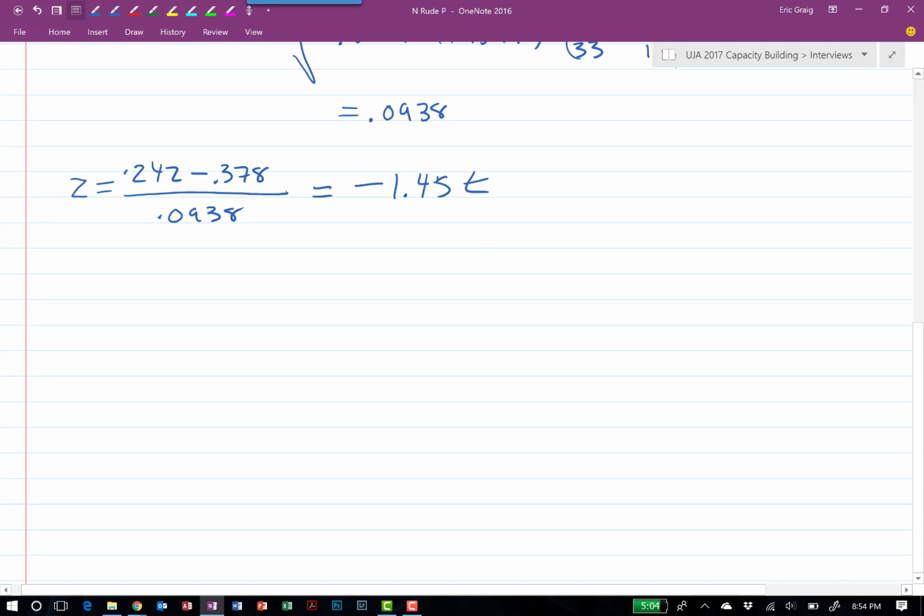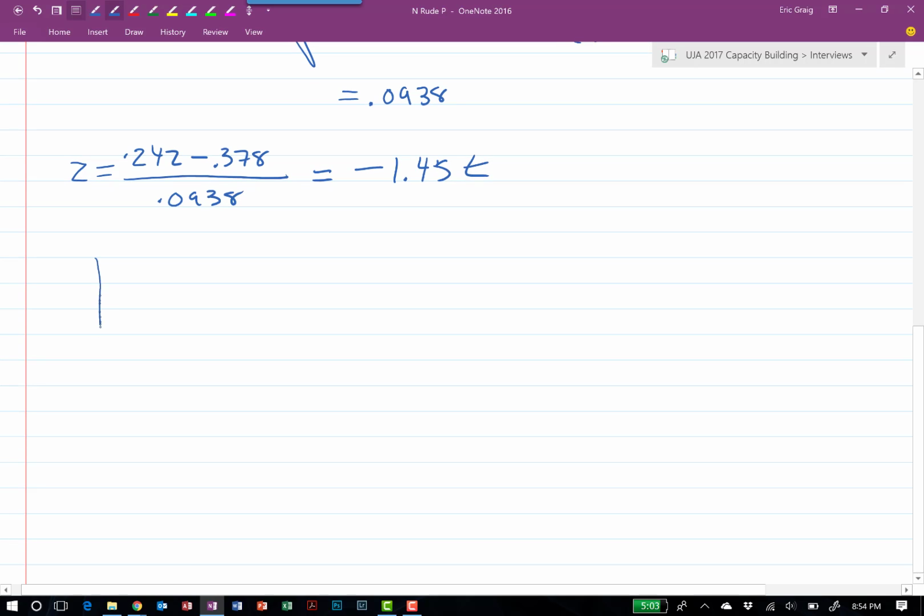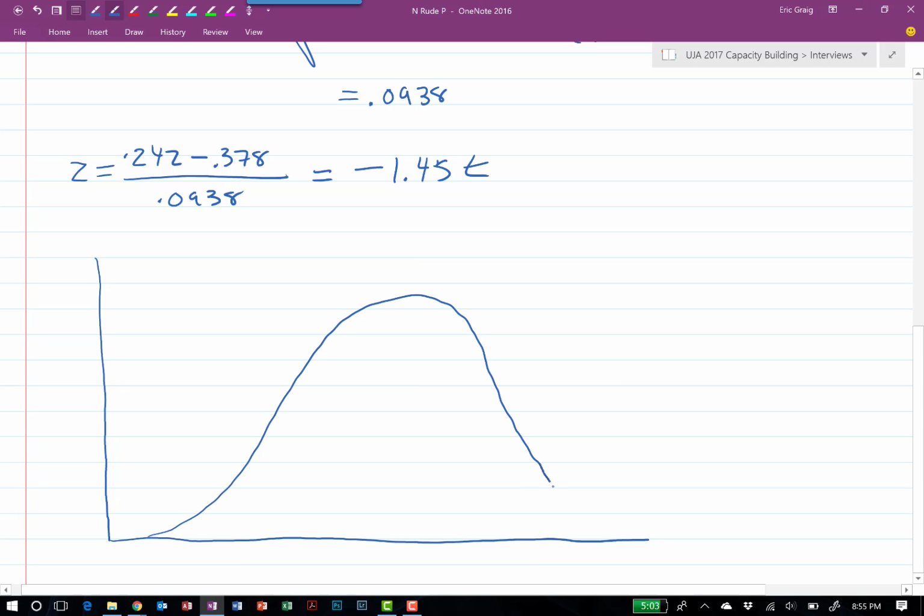Now, let's draw this out in a curve, in our standard normal curve. So here we go. And we know here that this is a z-score over here.